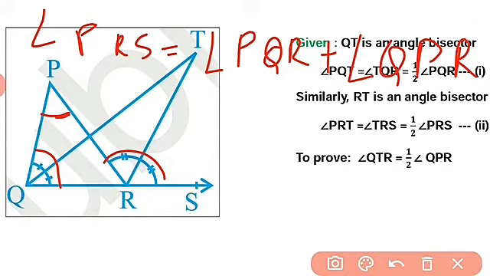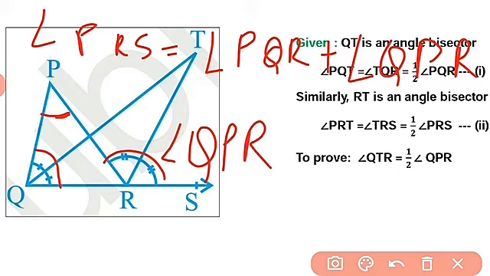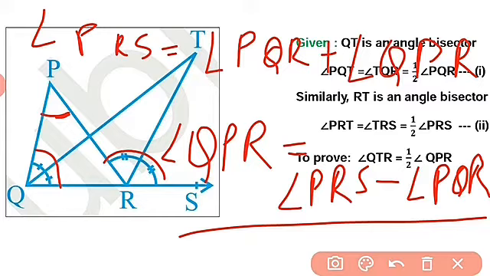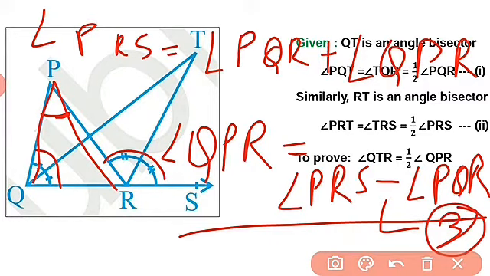So we can take the value of angle QPR as angle PRS minus angle PQR. This will be the value of angle QPR. So let's take this equation as 3.